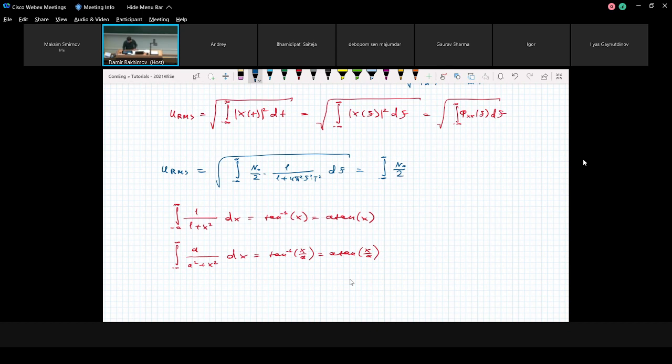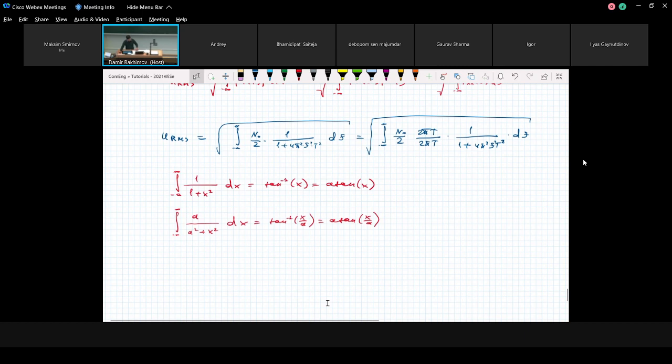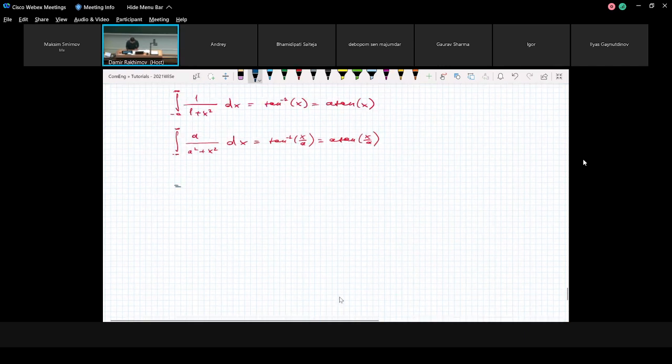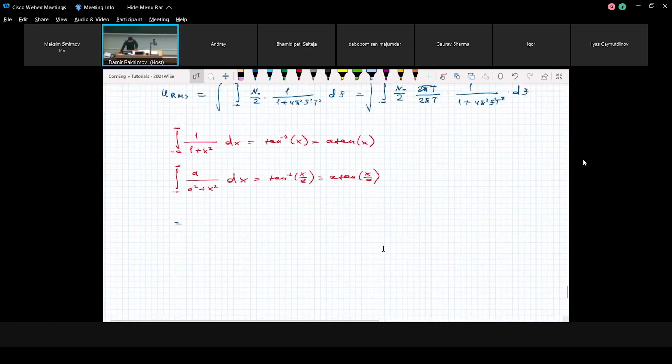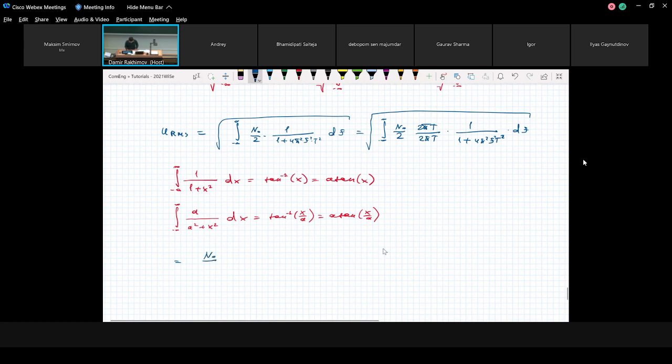We can prepare our expression for simplification and divide by 2 pi T: 1 over 1 plus pi squared f squared T squared, times df. And then we get nothing else but the arctangent function. We have N0 by 2, 1 over 2 pi capital T, arctangent of pi f capital T.